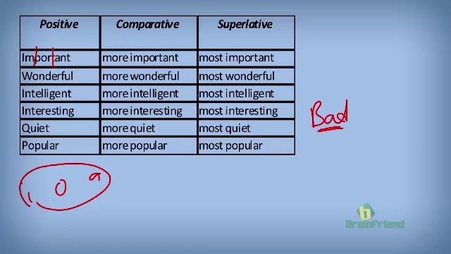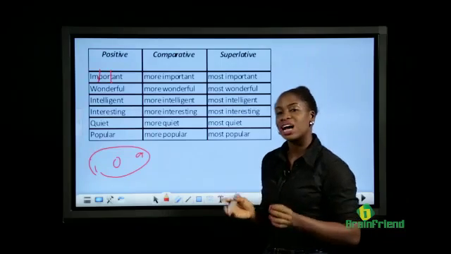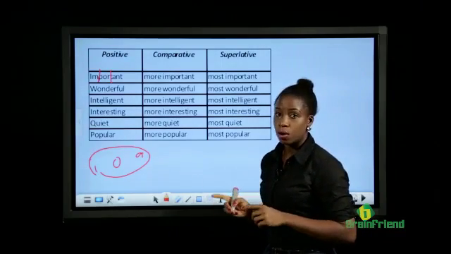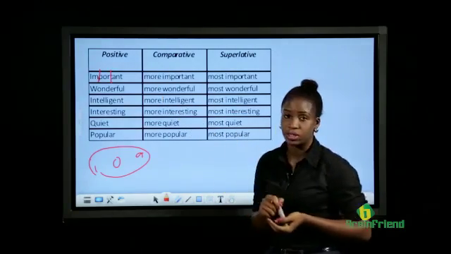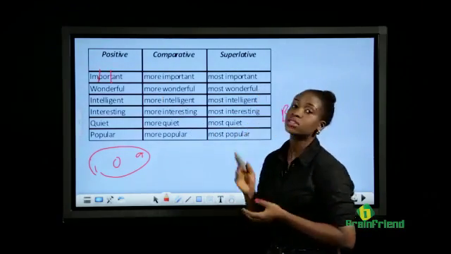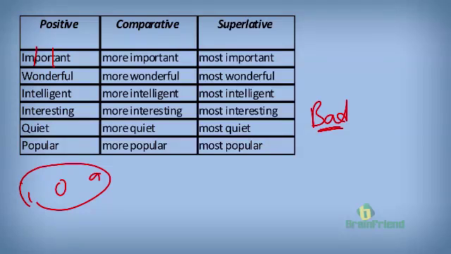When you have words that have 2 or more, we do not add ER or EST. We just use more for the comparative form and most for the superlative. Important, more important, most important. Wonderful, more wonderful, most wonderful.